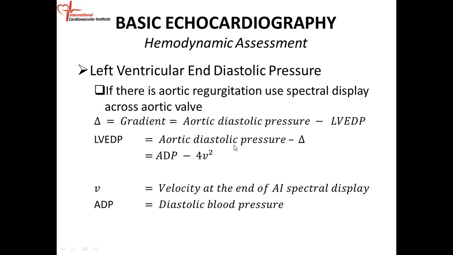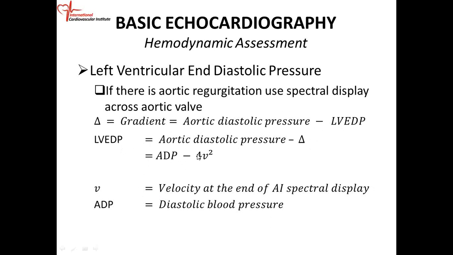It's the same number. Okay? So you use your diastolic blood pressure, and you're going to subtract from that the gradient. So you get your Doppler envelope across the aortic valve, and you use the end diastolic velocity. You square it, multiply it by 4. You subtract it from the diastolic blood pressure, and that is your left ventricular end diastolic pressure.